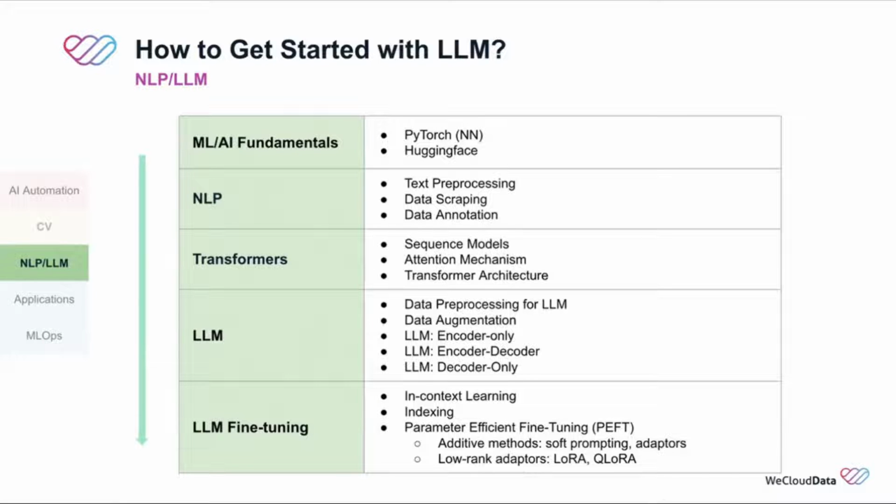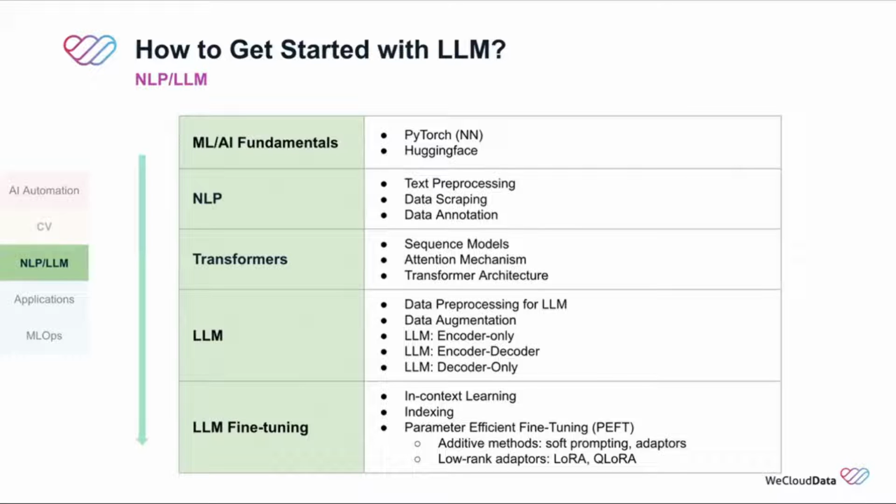So you need to know how to pre-process text, and data scraping and annotation. These are basically data collection and data preparation, very important if you want to build LLMs, because text data is never perfect. It always needs to be cleaned, augmented, and labeled as well. Whether you want to label the data all depends on the use case, but you need to understand the basics of natural language processing.